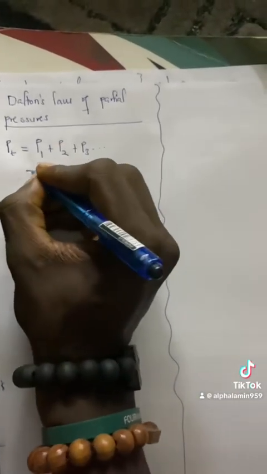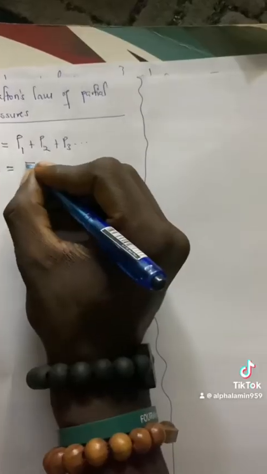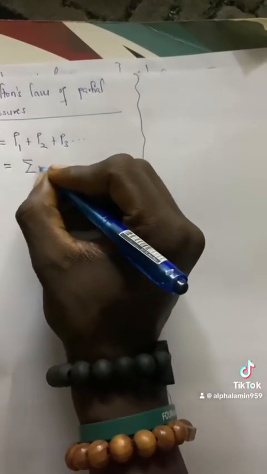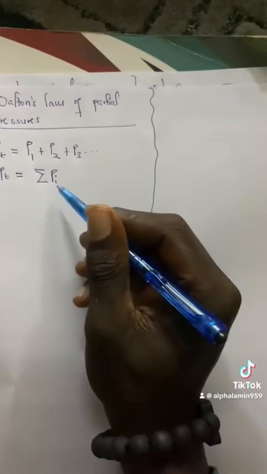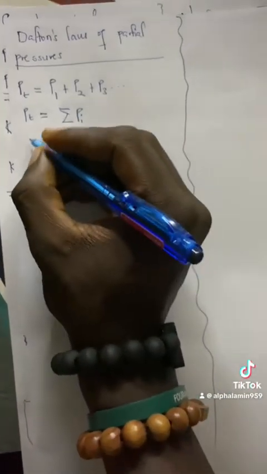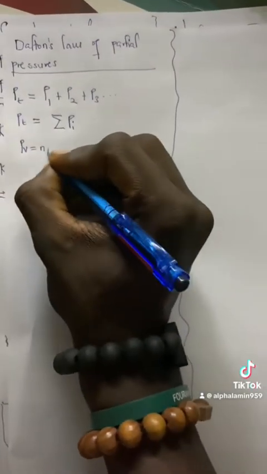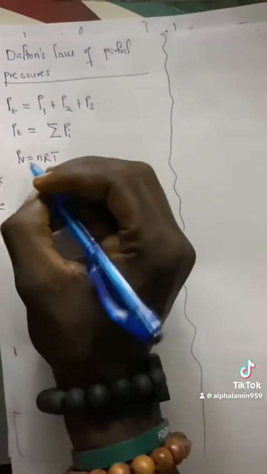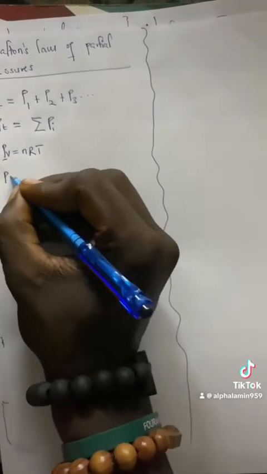And for short, PT is equal to the sum of the individual gases, Pi. This is the sum of the gases that are present. So if we relate from the ideal gas equation, PV equals nRT, we try to make a relation for P. So pressure will now be equal to what?